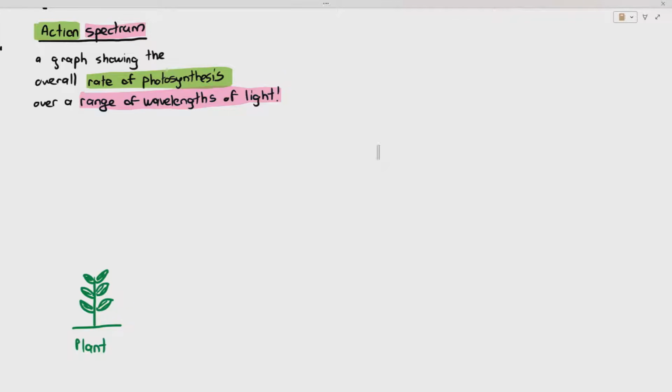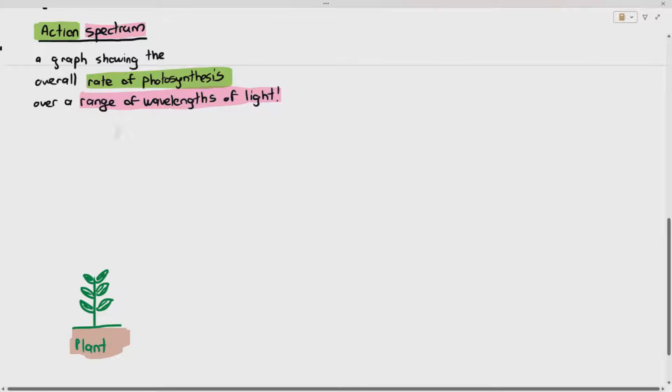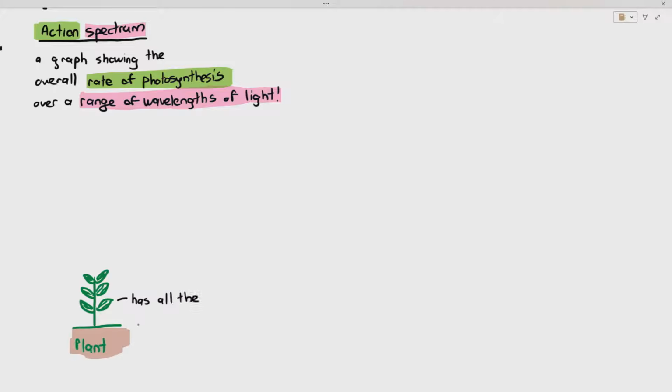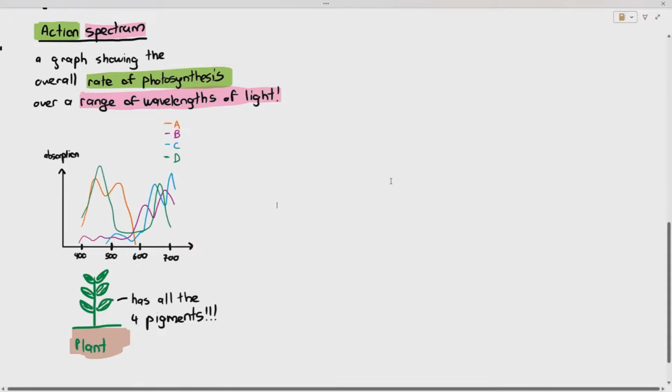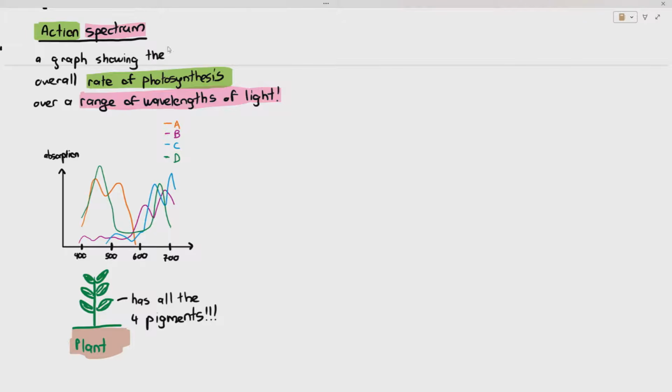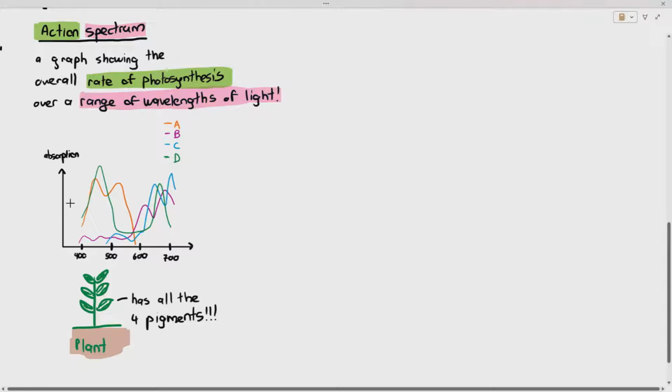Now imagine in this situation here, this is a plant, a land plant or a terrestrial plant, and this plant has all four pigments. It has pigment A, pigment B, pigment C, and pigment D within the chloroplast or within the photosystem. So is this good? Well, this is quite good for the plant.